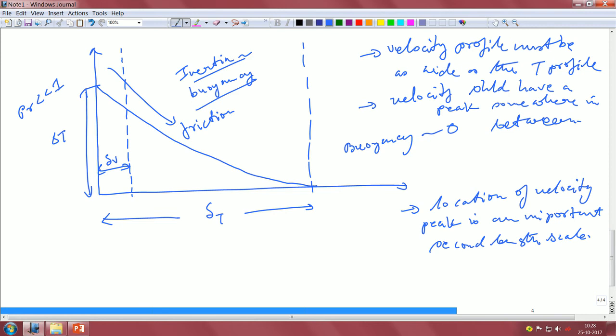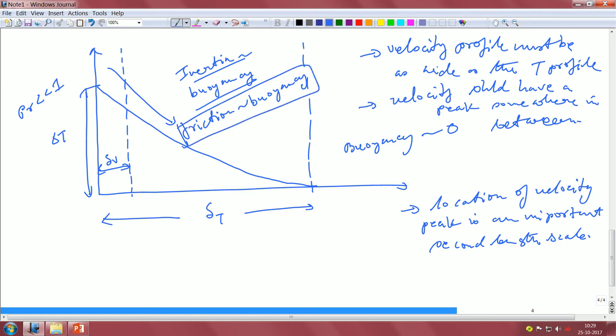So, there the friction cannot be neglected. What can be neglected though in that particular region is the inertia. By the concept of your boundary layer and whatever you have learned in the course of this particular course, it is basically the friction in that particular layer which is balancing what we call the buoyancy.